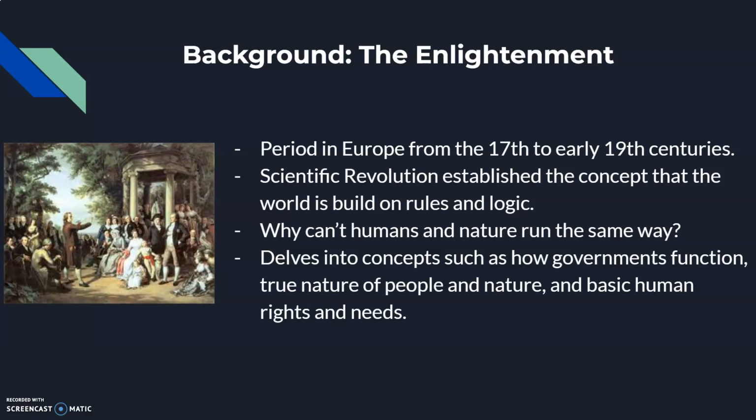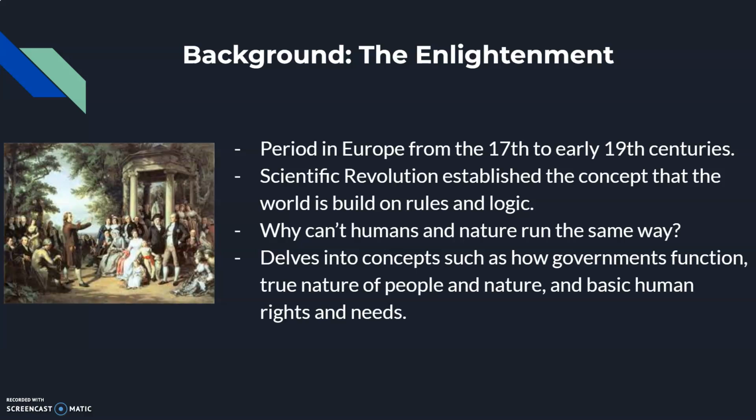It follows on the tailcoat of the scientific revolution, because you have the Renaissance, you have the scientific revolution, you have the Enlightenment. Prior to all these different things, logic and reason weren't really prevalent in Europe during this time period. So these movements really established a more logic-based approach to everything.